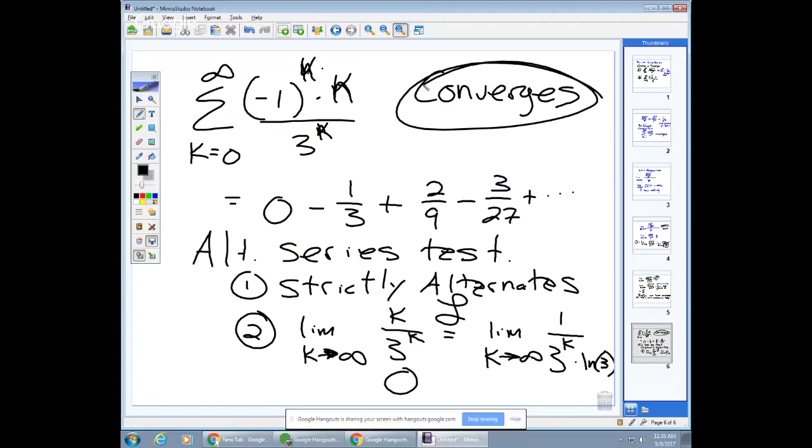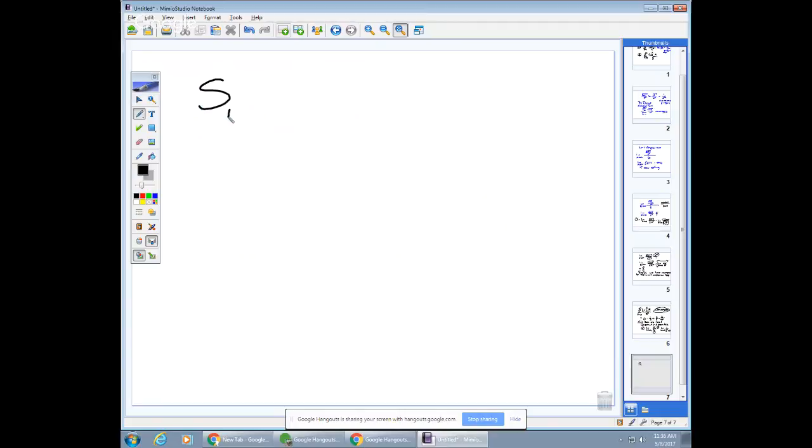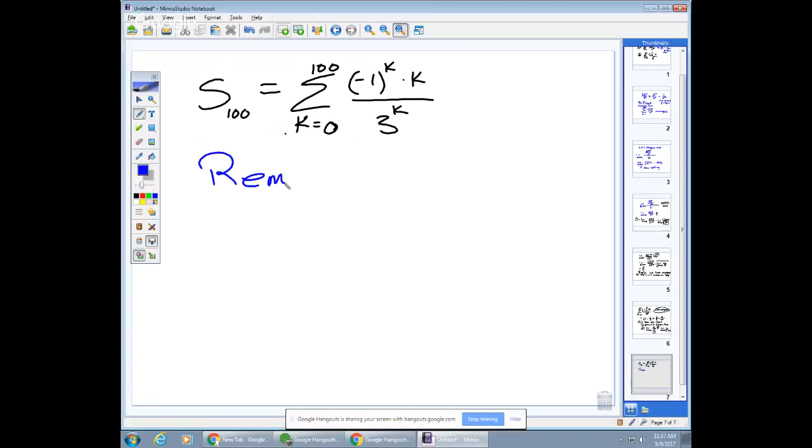Okay. So let's calculate S sub 100. So that would be just the sum as k goes from 0 to 100 of (-1) to the k times k over 3 to the k. The remainder theorem for alternating series says that your nth error has to be less than or equal to the next term in line.